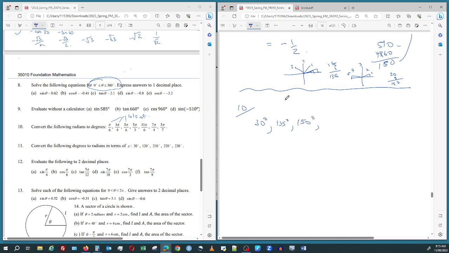Okay. 11 lots of pi on 6. Oh, I like doing this one because this one comes up a bit. 11 lots of pi on 6. There you go, 30 degrees. 30 degrees is the bigger denominator. That's why I chose it. But I want to go 11. 1, 30, 60, 90, 120, 150, 180.